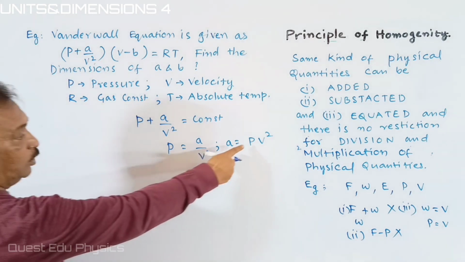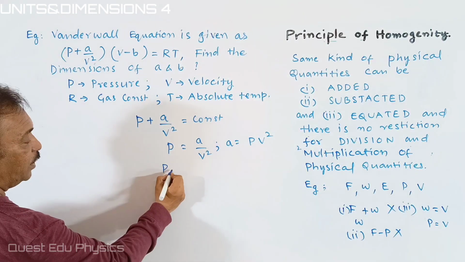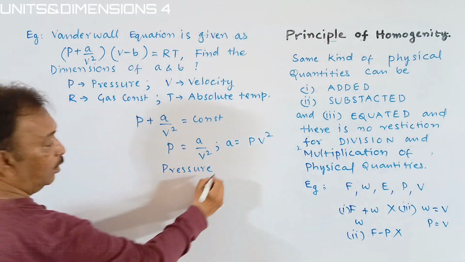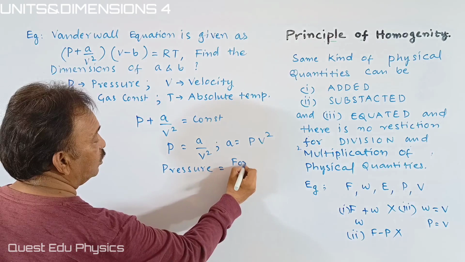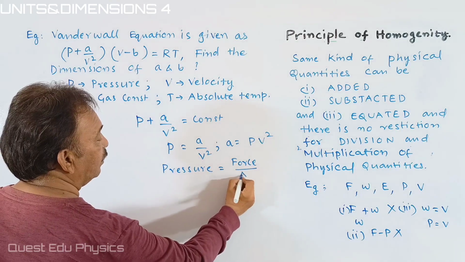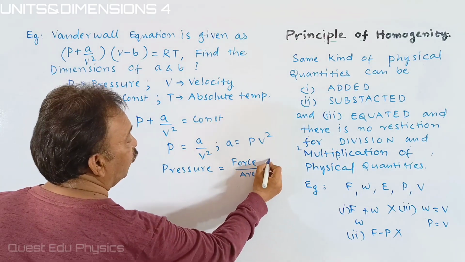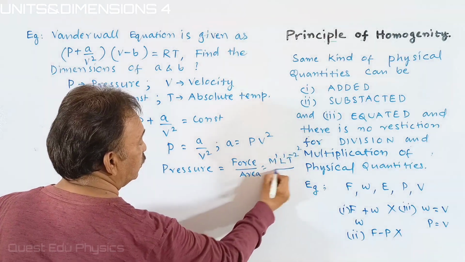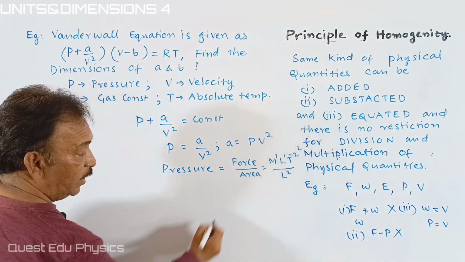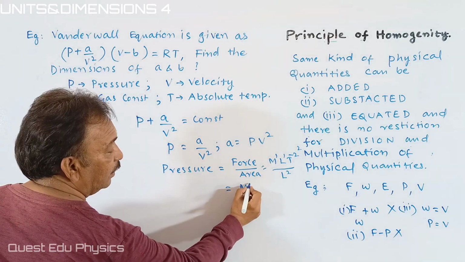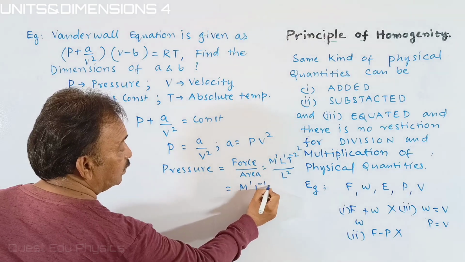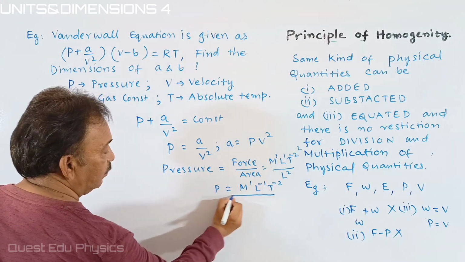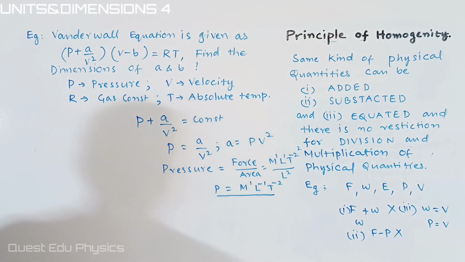We know what P and V are. P is pressure, so we write the dimensional formula of pressure. Pressure is equal to force upon area. Force has the dimensional formula M¹L¹T⁻², and area is L², so pressure is M¹L⁻¹T⁻².